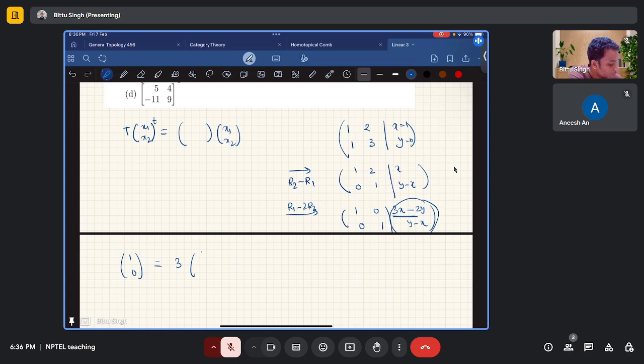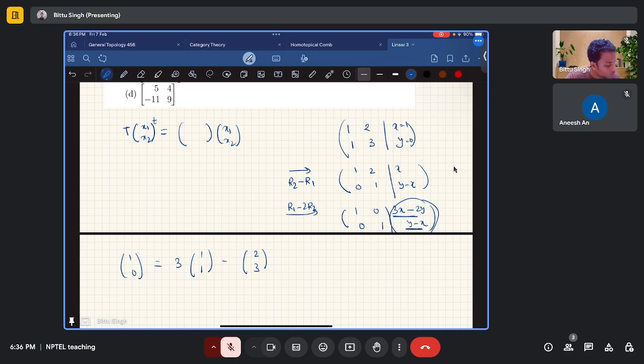So (1, 0) is the same as 3 times (1, 1), and the second one: the value of y is 0, the value of x is 1, so it is 0 minus 1, which is minus 1 times (2, 3). So (1, 0) can be written in this form, right? So this whole thing is matching.